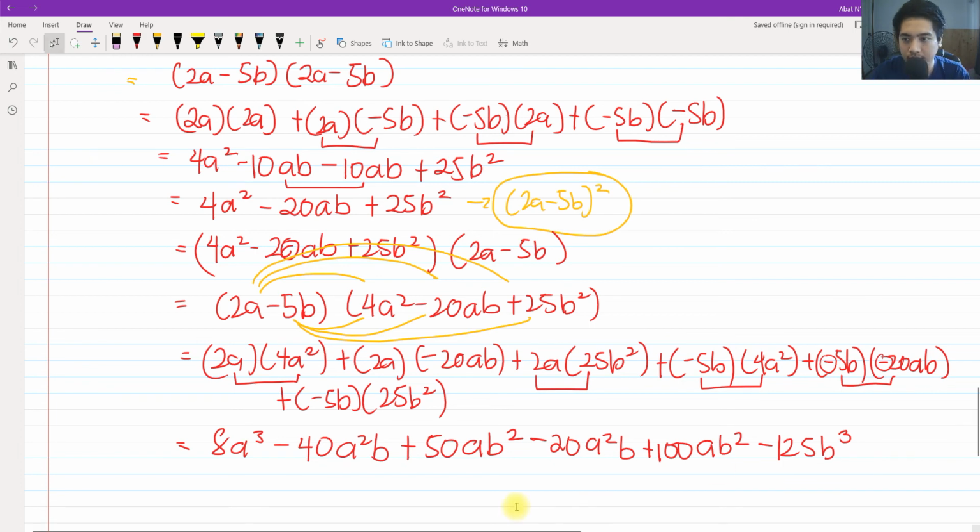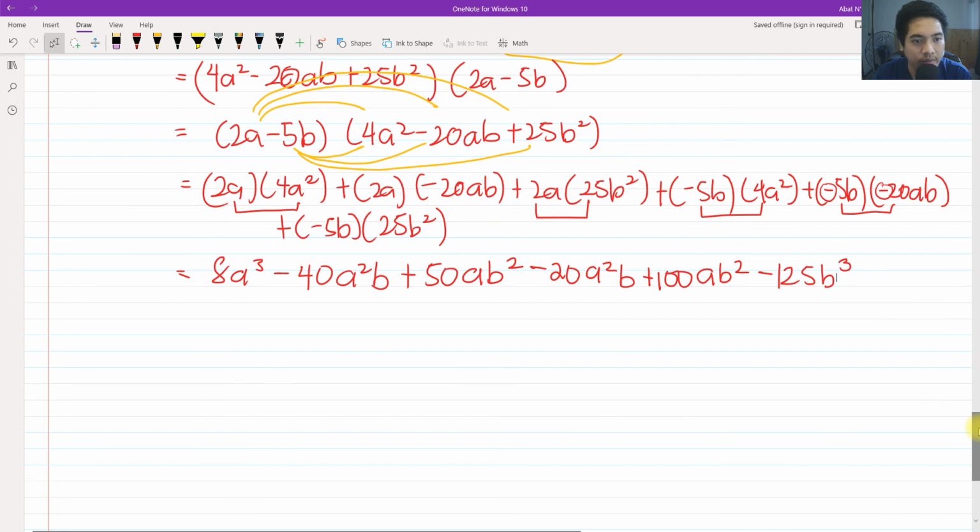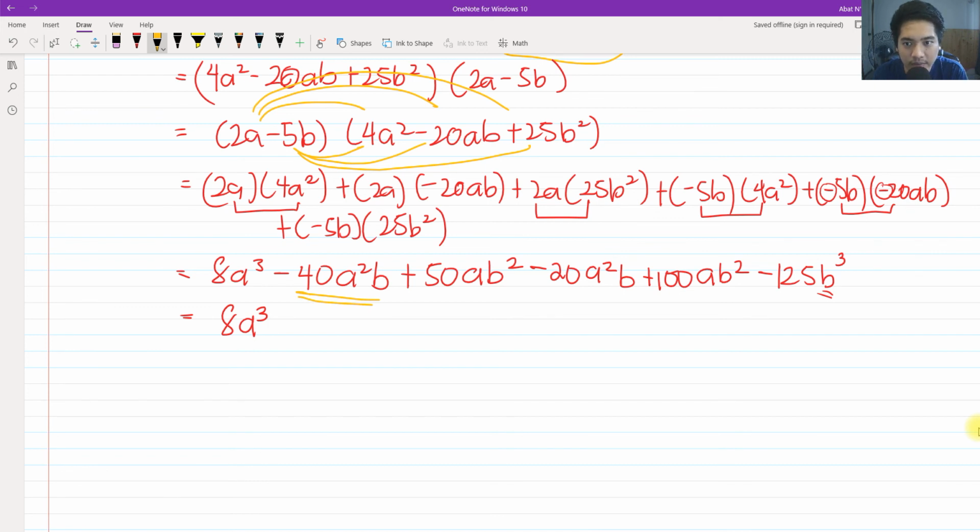Okay? So simplify. So a cubed can never be simplified. This has a cube, but the variable is b. So we cannot simplify. They have different variables. Then we have negative 40a squared b and negative 20a squared b. So we can simplify that.